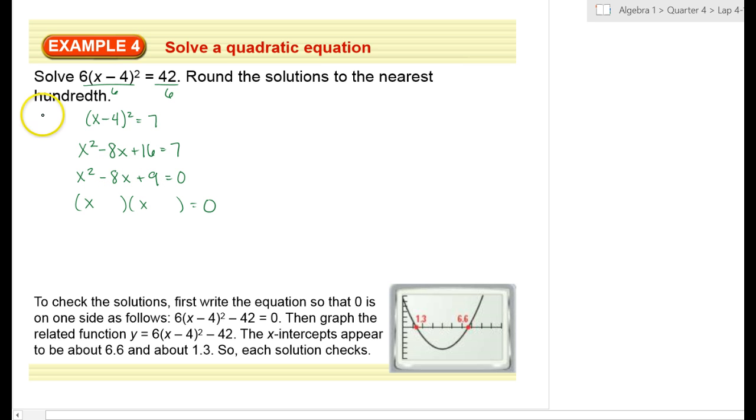If I look at factors of 9, I get 3 and 3, 1 and 9, negative 3, negative 3, negative 1, negative 9. None of those added together will give me a negative 8. I'll either get 6, 10, negative 6, or negative 10. So this can't be factored.